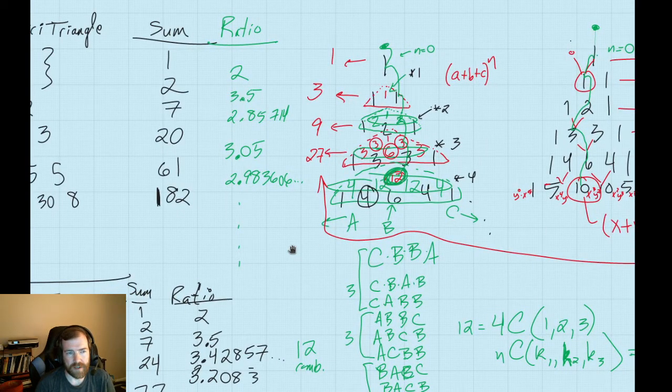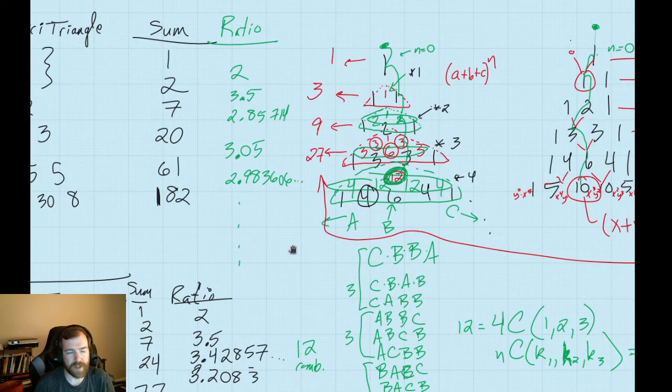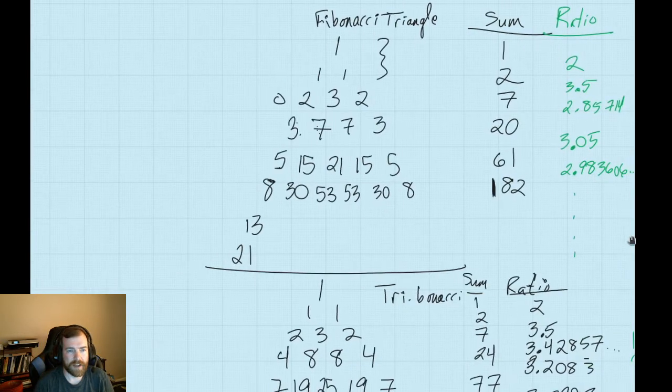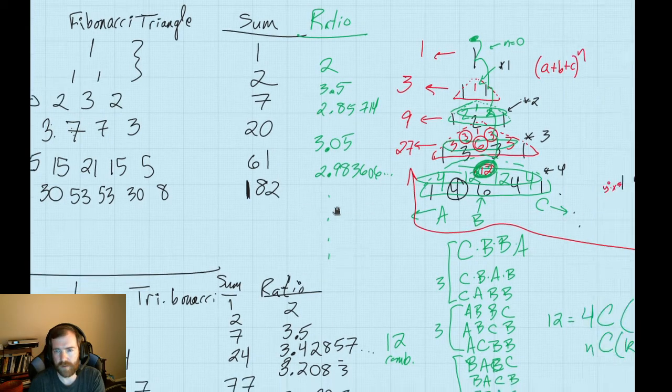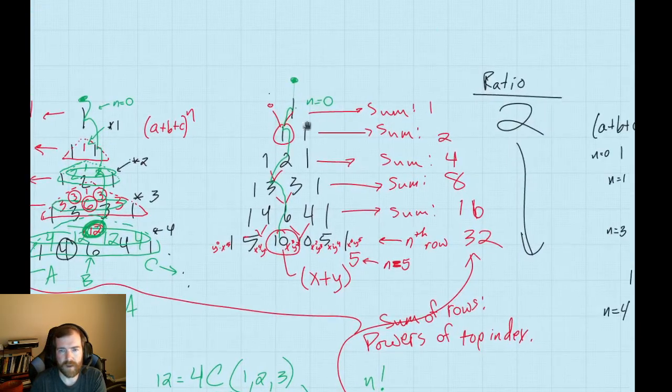So I decided, wait, if I took the 2-dimensional one and I extended, the original question that he asked was, okay, look, if we just do this for 2 dimensions, you can sum up all these values, and then you get a ratio. For the 2-dimensional one, you sum all the values up, and you get a ratio, in this case, of just 2. It's all powers of 2.